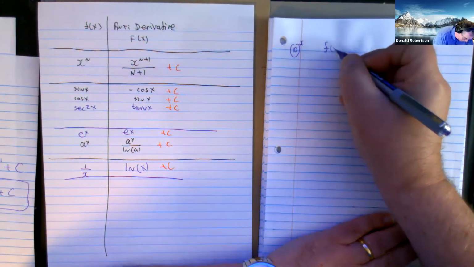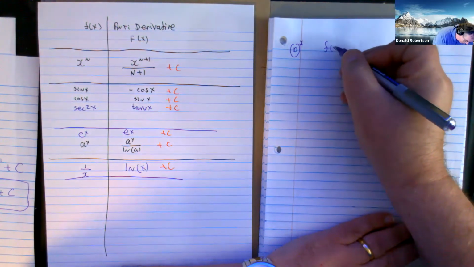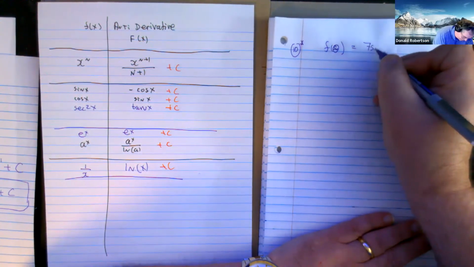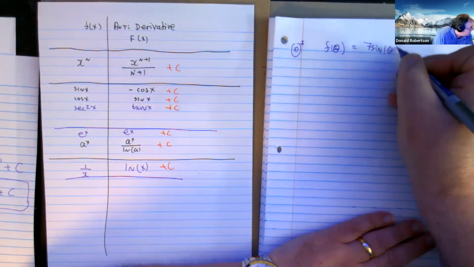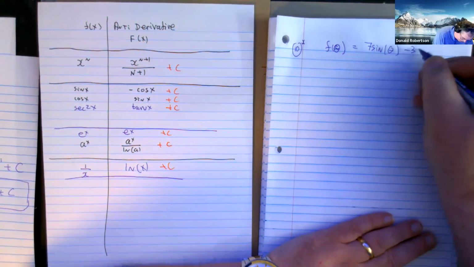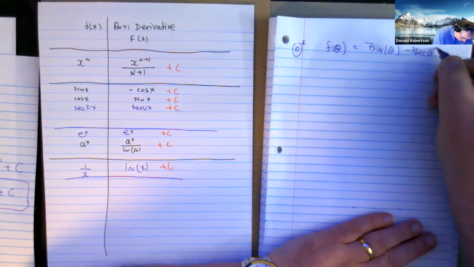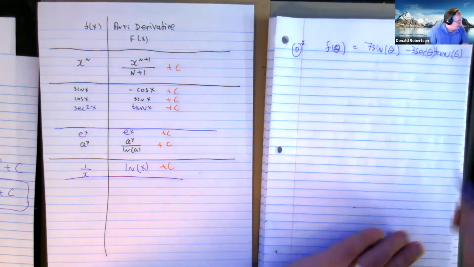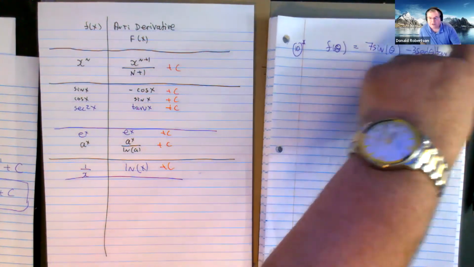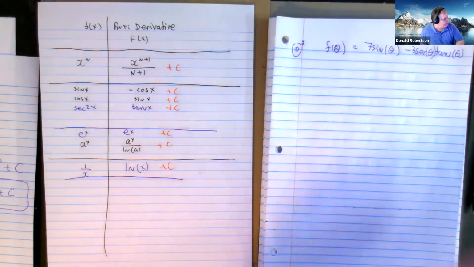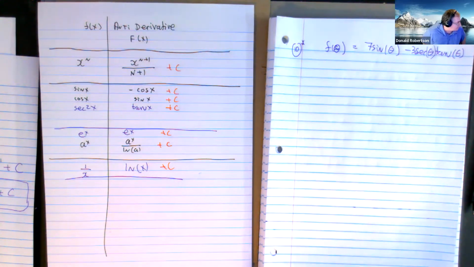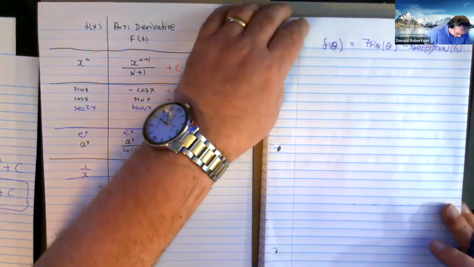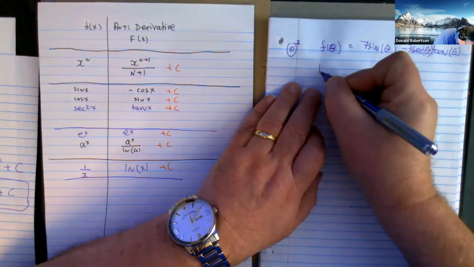The function is f of theta equals 7 sine of theta take away 3 secant theta tan theta. They have a little note saying on the interval. Don't even worry about that. It's just to keep everything mathematically correct. Right, now, antiderivative.